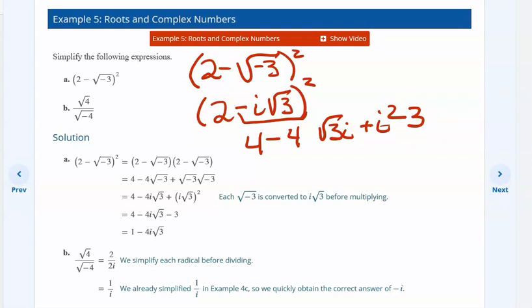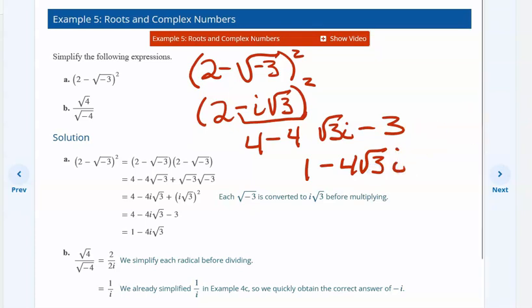So let's change that. Again, wanted to show you where it came from. So what do we have? We have 4 minus 3, which is 1, minus 4, the square root of 3i. And let's check it out there. 1 minus 4, the square root of 3i.